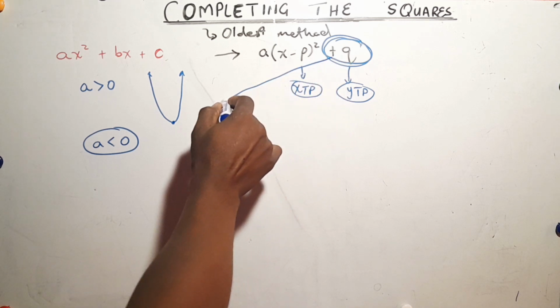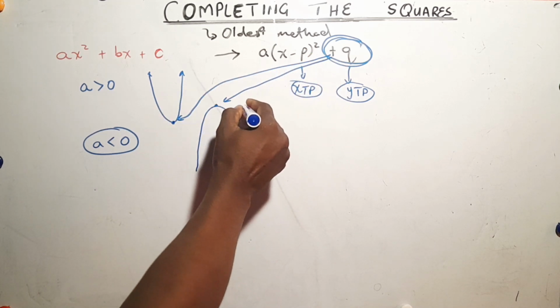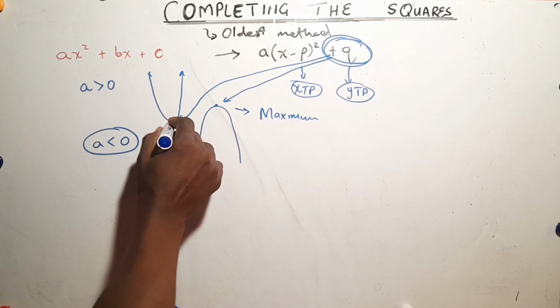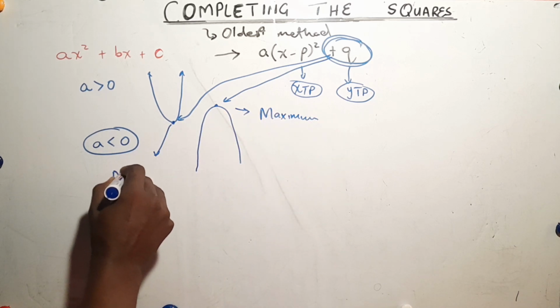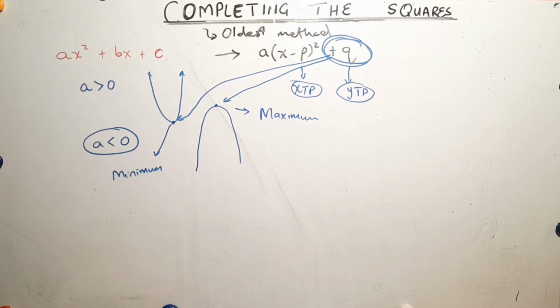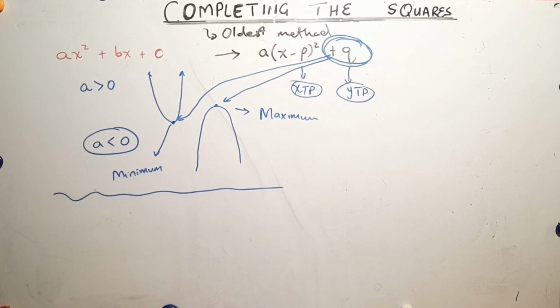So this gives us the maximum point and also the minimum point. So this is the maximum and this is the minimum. This is the importance of completing the squares. These are the things that completing the squares gives us.